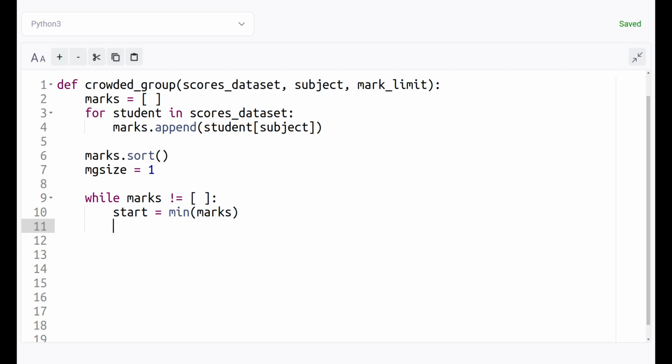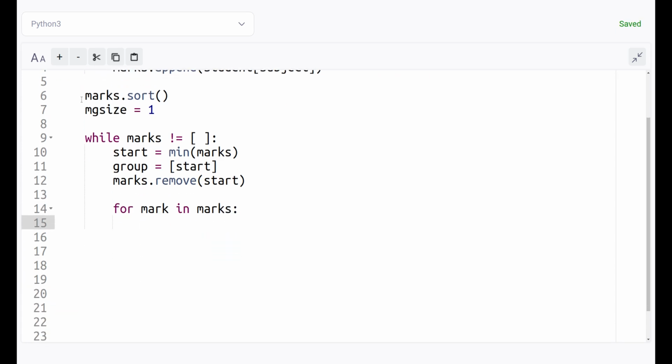Now we add the student to the group. This is the only student in the current group. Once we have added the student to the group, we remove the student from marks. Now we iterate through each student in marks and ask: is the difference between the mark of the student and the first student in the group less than or equal to mark limit?